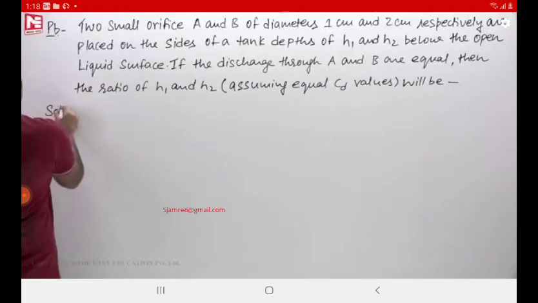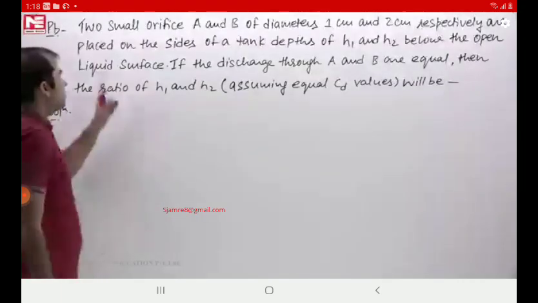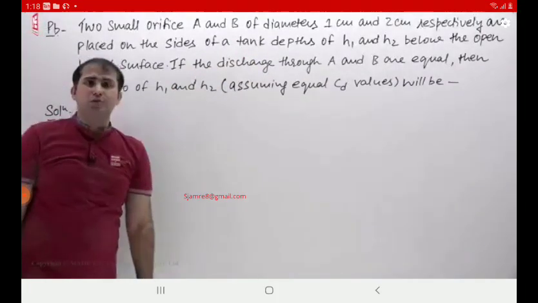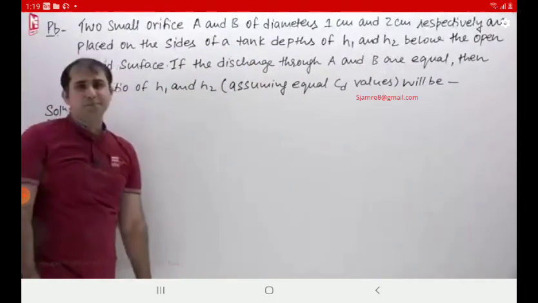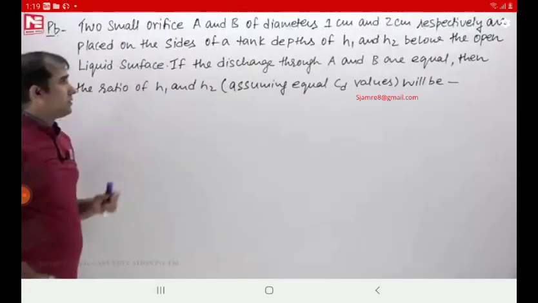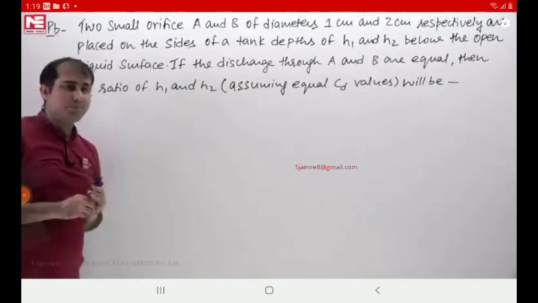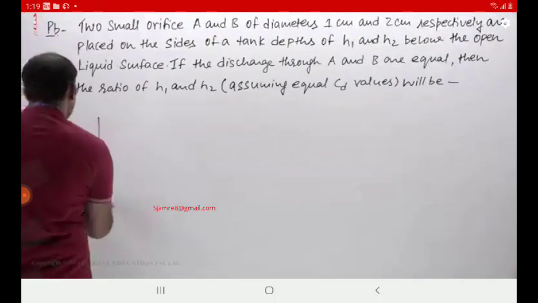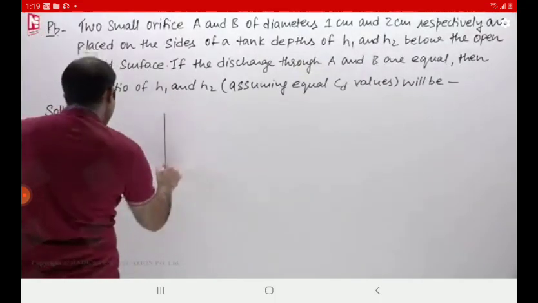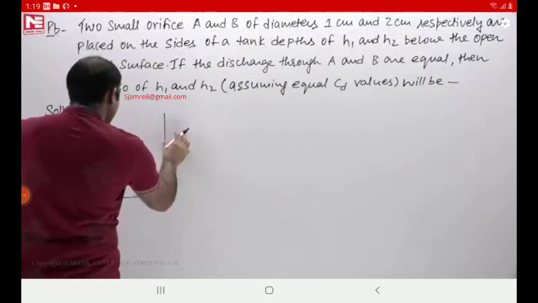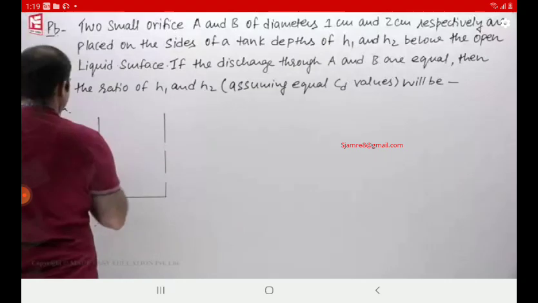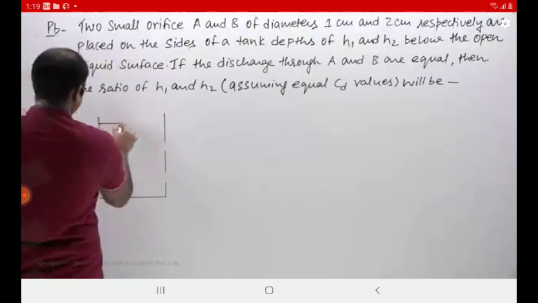Solution. Two small orifices A and B of diameter 1 centimeter and 2 centimeter. There are two small orifices, and the diameters given for both are 1 centimeter and 2 centimeter. One of the orifices is this, another orifice is this, and this is the free surface level here.